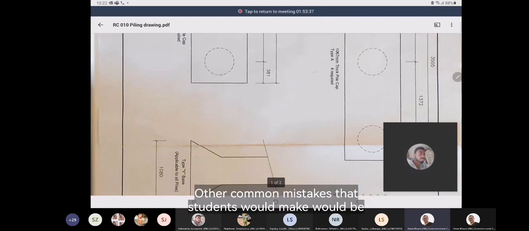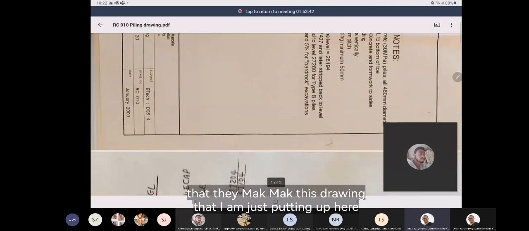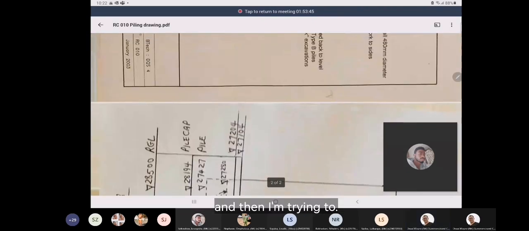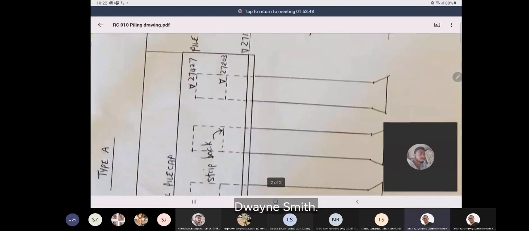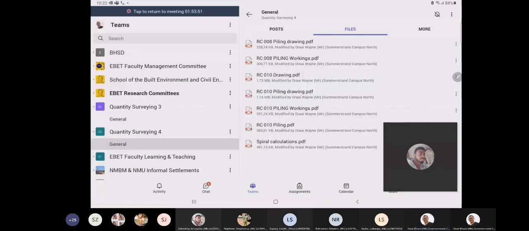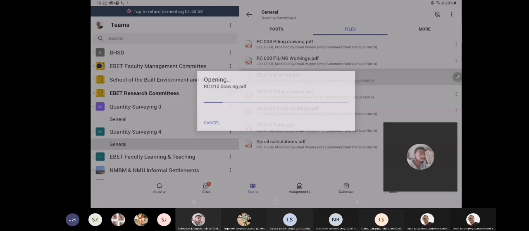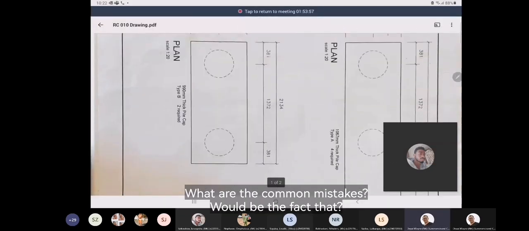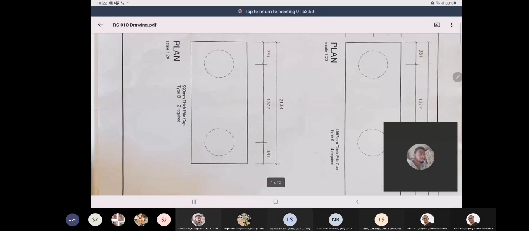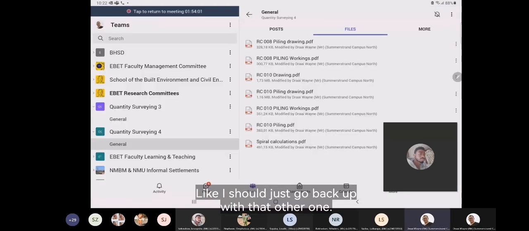Well, the common mistakes that students would make, like this drawing that I'm just putting up here. I think I should just go back and put that other one up.